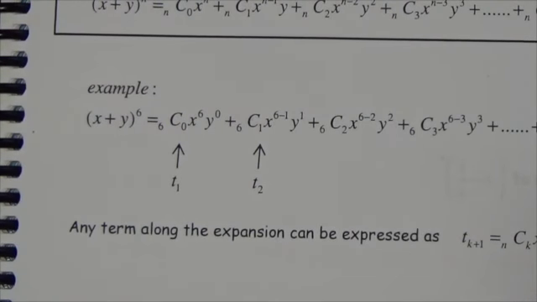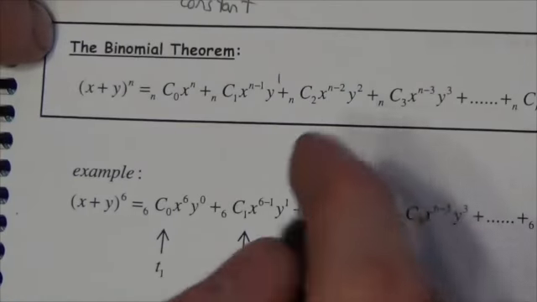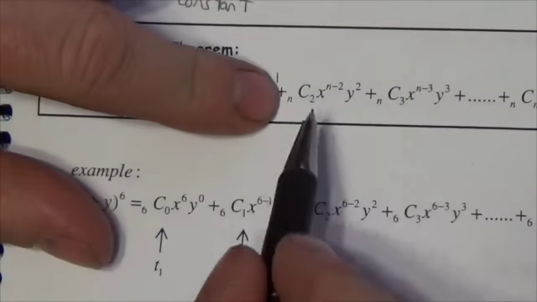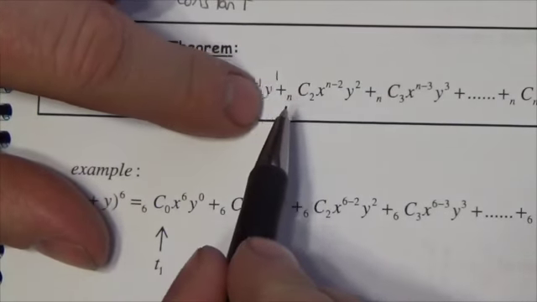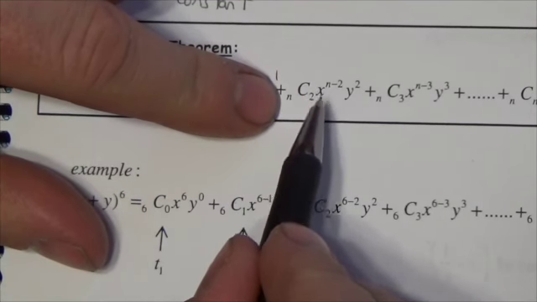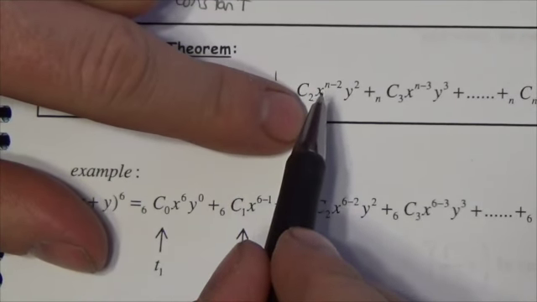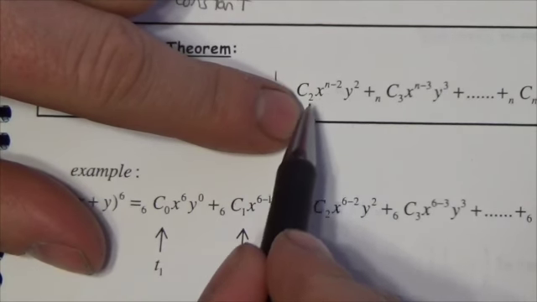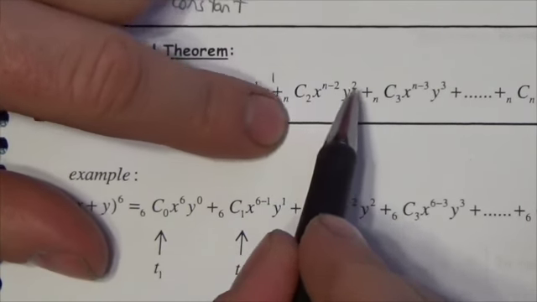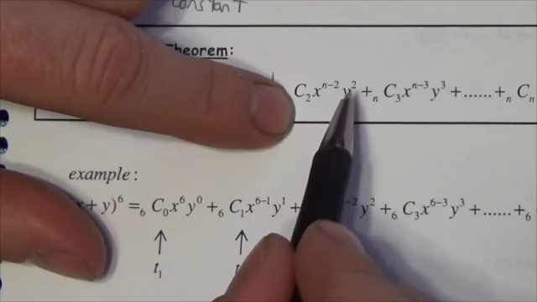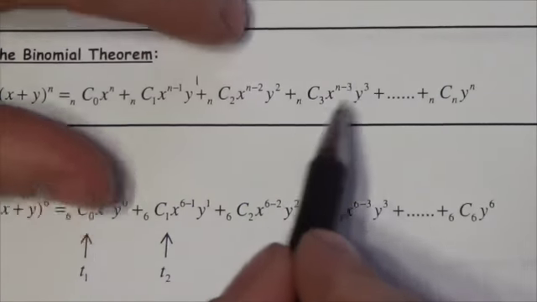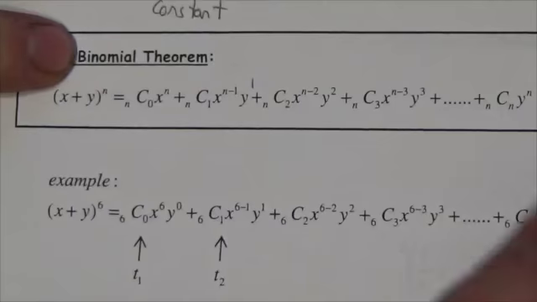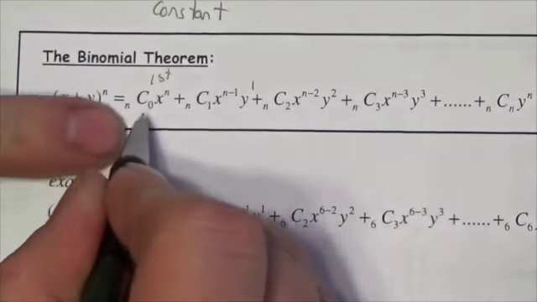But we can do a little bit better than that because we can see this little pattern here. It's a little bit more clear here, where this is n choose 2, and then we get x to the n minus 2. So it's the exponent minus 2. Oh, look at that, same number there. Y to the 2. Oh, looky, it's the same number. On this term right here, this is the 4th term. Now, watch this, because this is the 1st term.